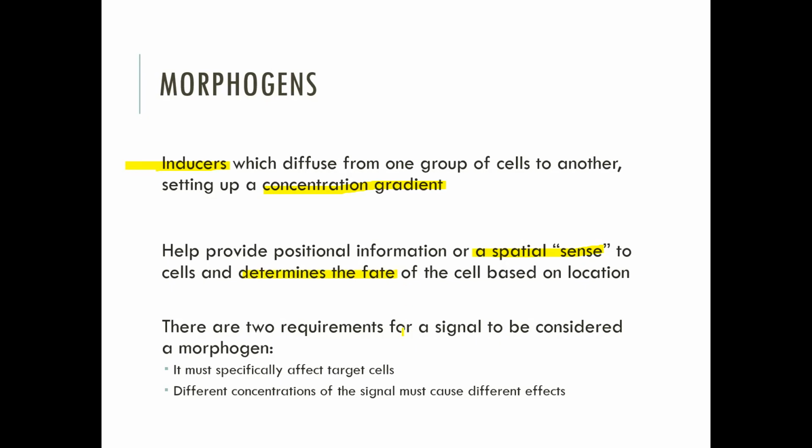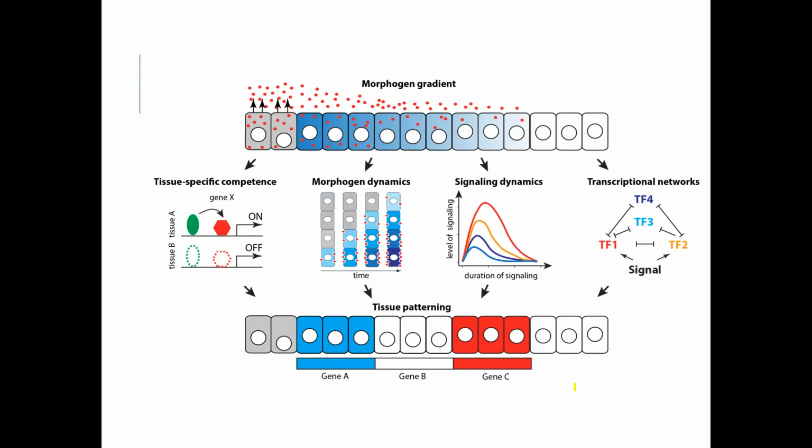So this would be another example of these chemical signals that are coming from outside of the cell. So certain morphogens are going to affect specific target cells, and different concentrations will trigger different effects, okay? As you're studying this, once again, study it from a vocabulary type of standpoint. All of these things are going to play a role in cell differentiation and development, okay?